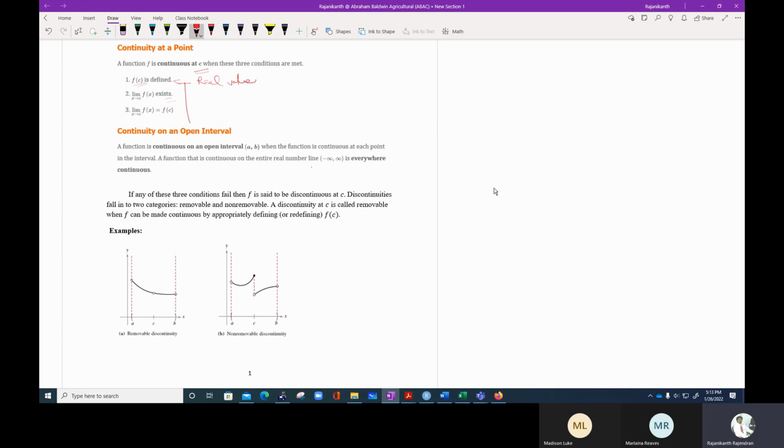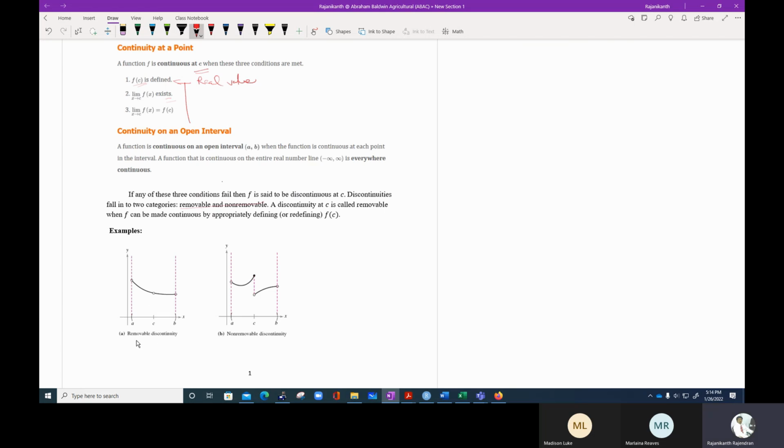Okay, if one of these conditions is not satisfied, then the function is discontinuous at that point. So there are two kinds of discontinuity available. One is removable discontinuity, and the other is non-removable discontinuity.